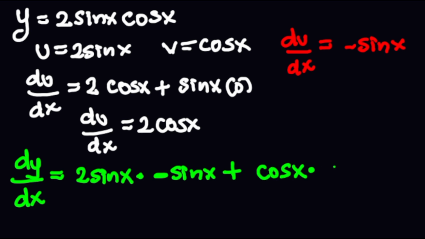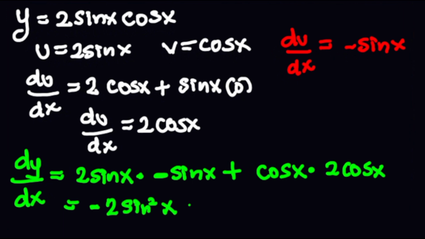That's going to be 2 cos x. So from here, if I simplify a little bit, we're going to have minus 2 sine squared x plus 2 cos squared x. That's what we're going to have. Now, if you go ahead and simplify this expression further, because we cannot just drop the answer here, if you notice, we have minus here, right?